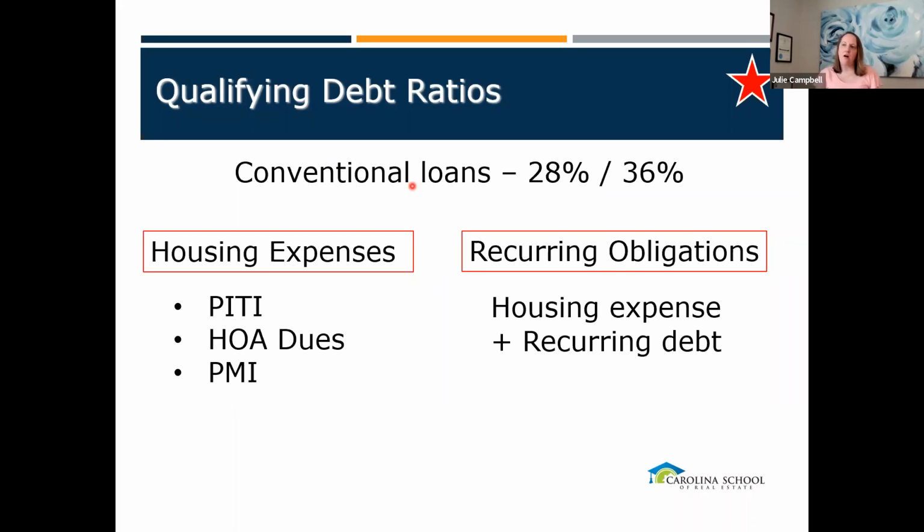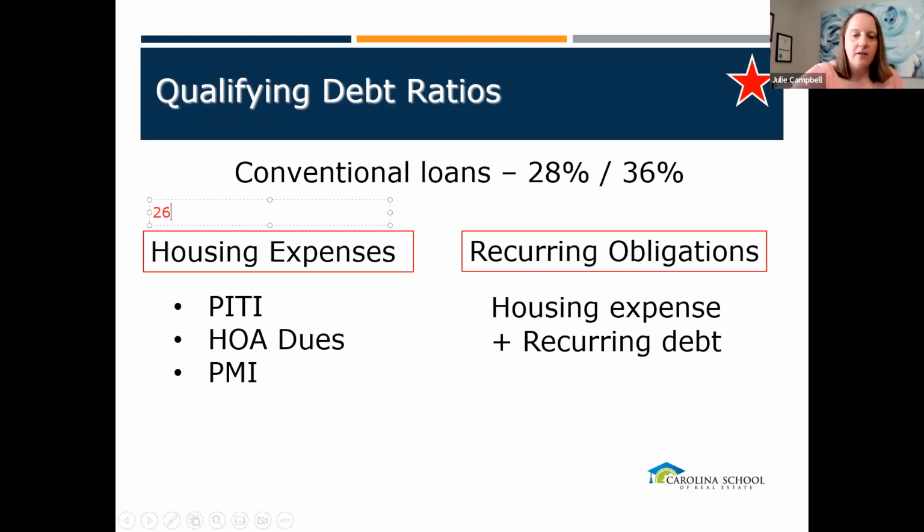So when we are quickly qualifying a buyer, and we're just going to use the example of the conventional loans, the 2 numbers for the conventional loans, I feel certain if you see this on your test, they're going to use the conventional loan numbers as well. So the 28-36 are the ones we're going to focus on. And the 28-36 ratios do 2 different things.